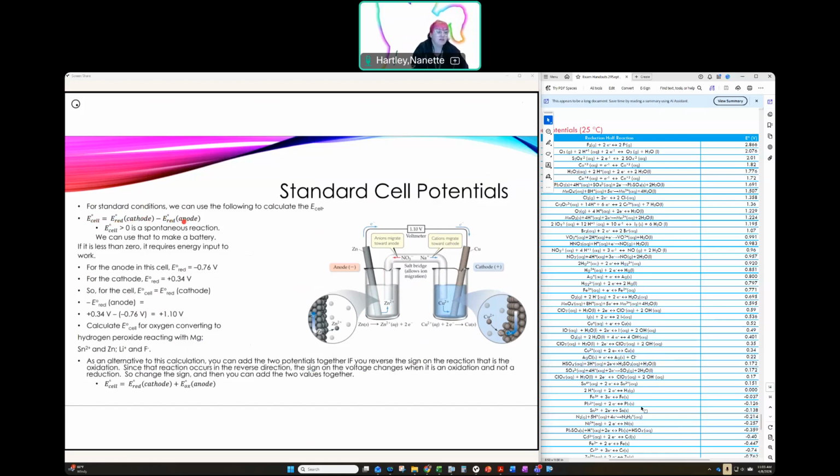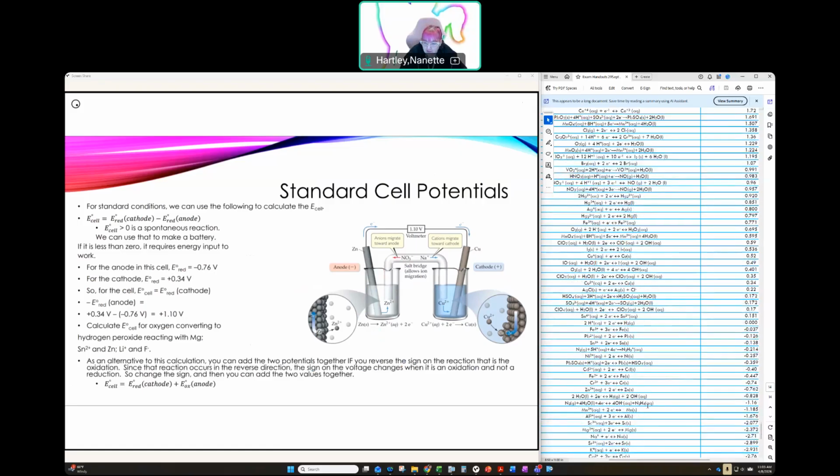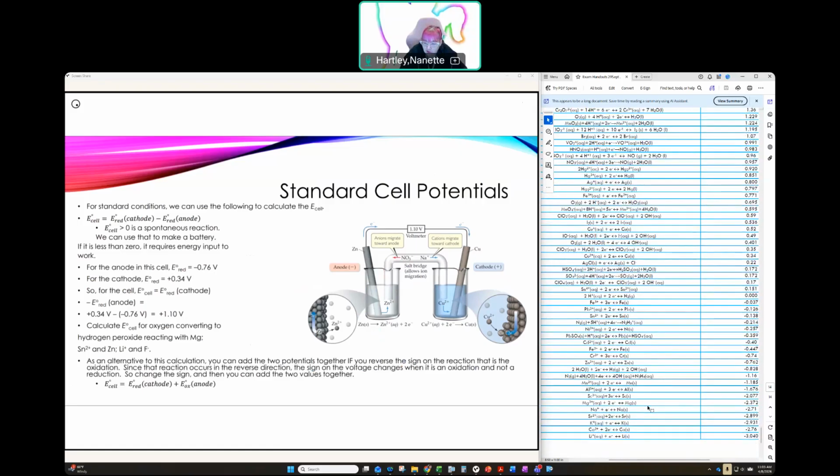Okay. So if I were to look at this thing that we've been talking about, the reaction that we have for our anode, the value for the anode is negative 0.76 volts. So I look this up and that zinc thing. Where's my zinc half reaction? I hope it's over here. Yeah, Zn2+ plus 2 electrons goes to zinc and it's negative 0.76.